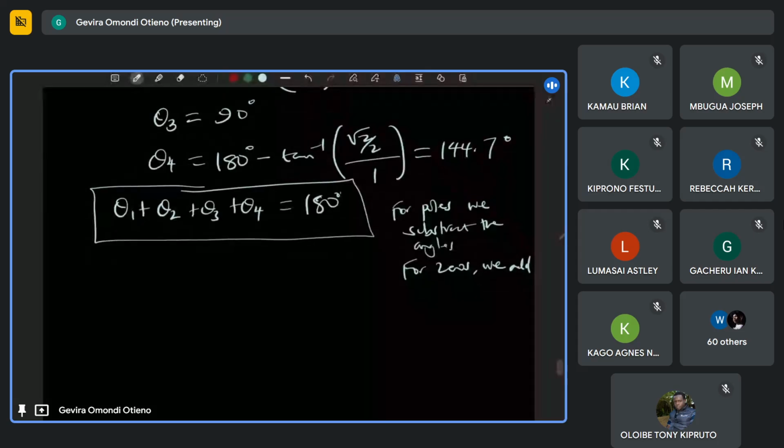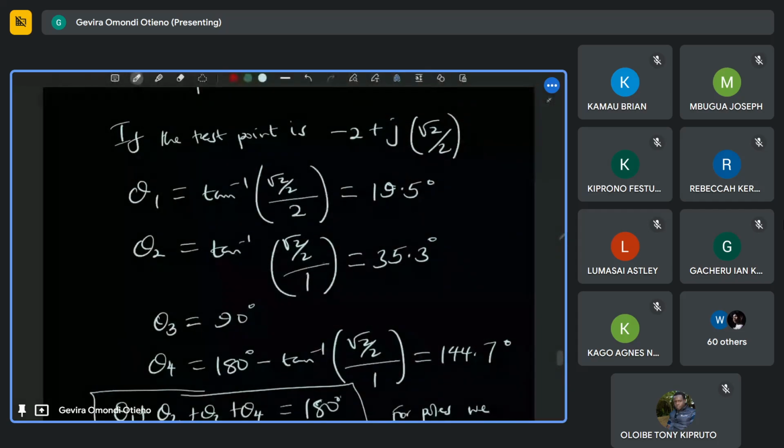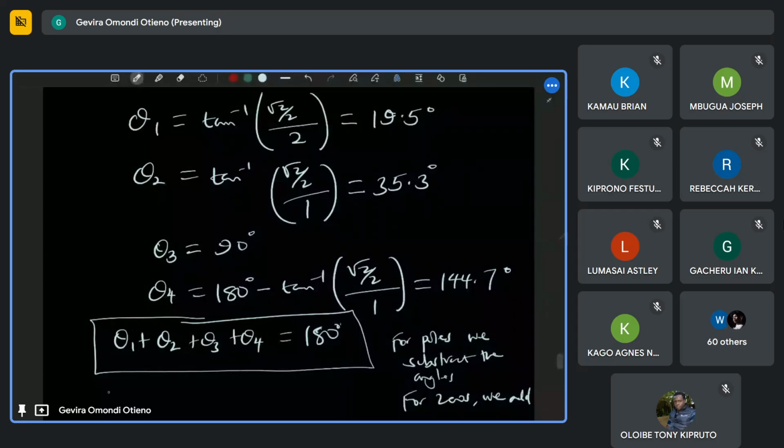So we have our angles here. Theta 1 is 19.5. Theta 2 is 35.3 degrees. Now, we are supposed to add theta 3, but theta 3 is a pole.